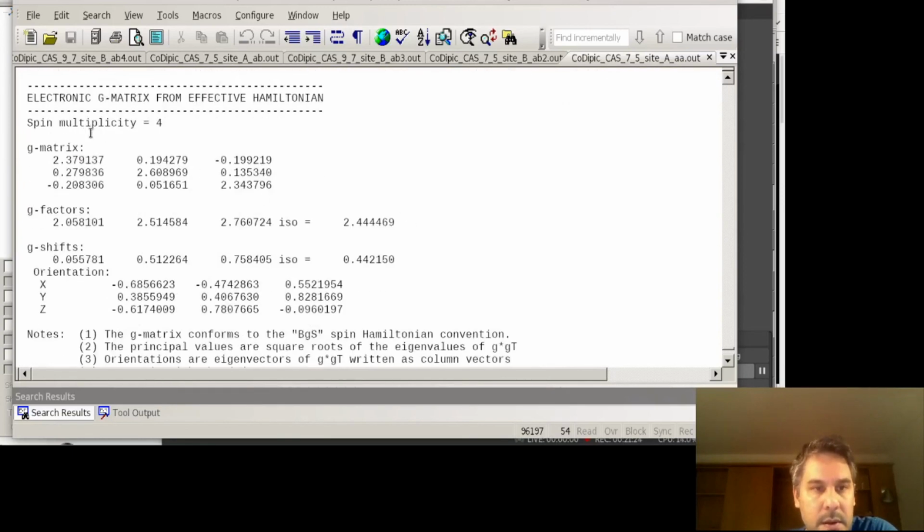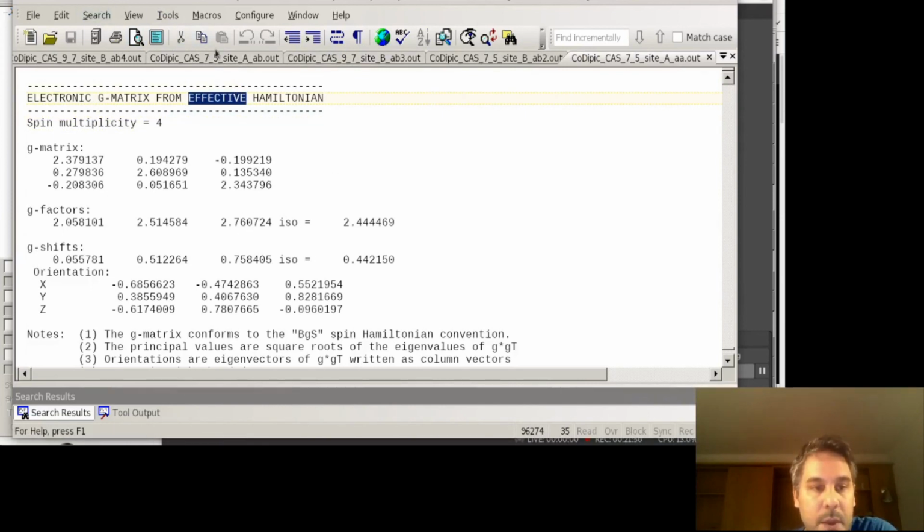And there's an electronic G matrix from an effective Hamiltonian that calculates with the full spin multiplicity, which is what I call the real G matrix. The other one was an effective G matrix, and this is actually confusing, but this is a G matrix associated with the spin 3/2.